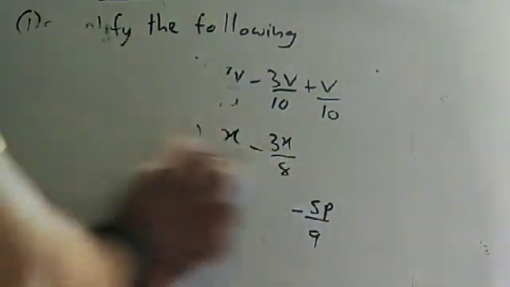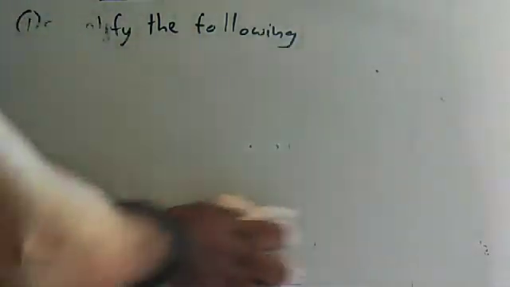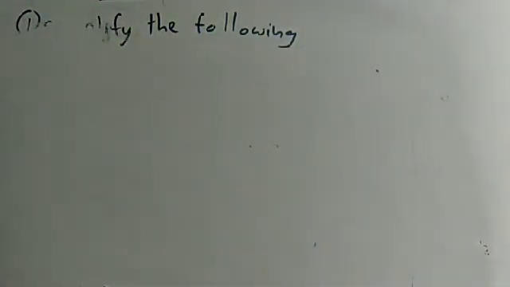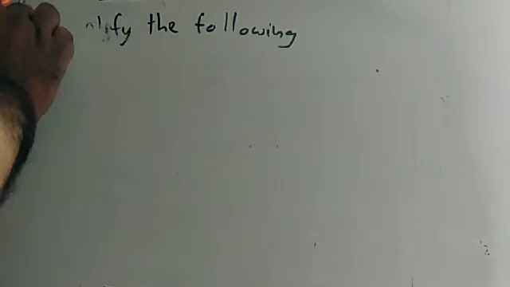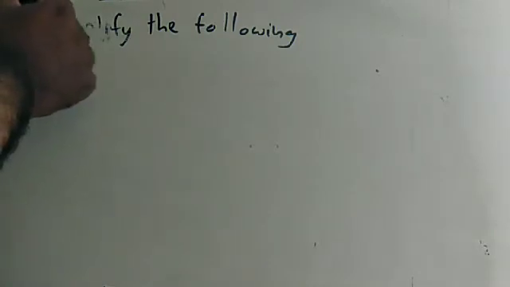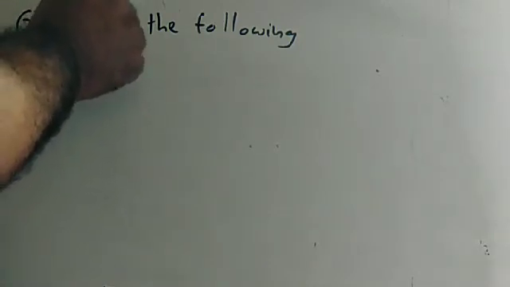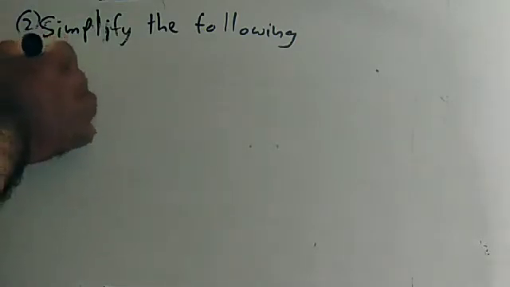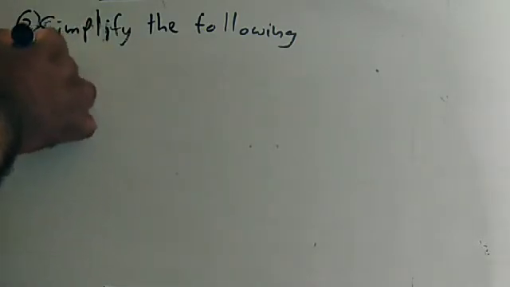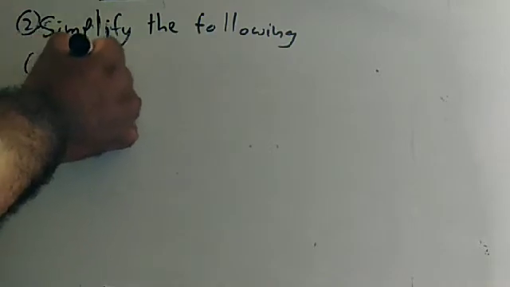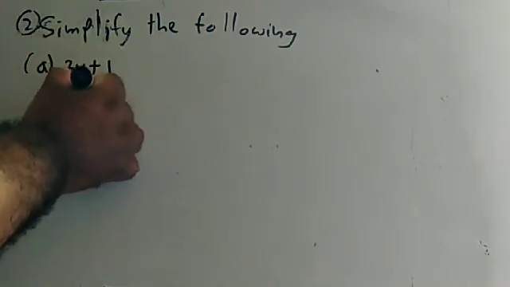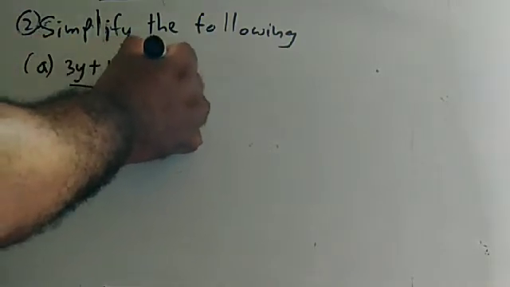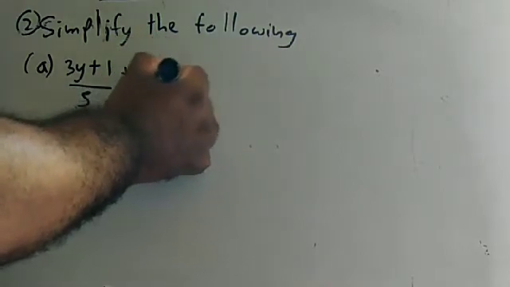Then the second one also, simplify the following. This is the second one. A: (3y + 1)/5 + (2y + 2)/5.